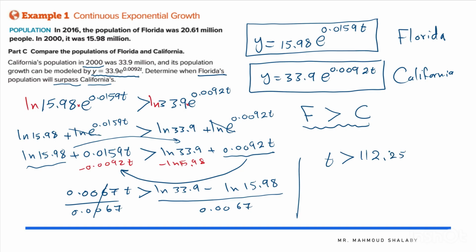This means t is approximately 112 years. If he said after how many years, from the previous part, after 112 years, or we can say in which year, starting from 2000, it will be the year 2112.